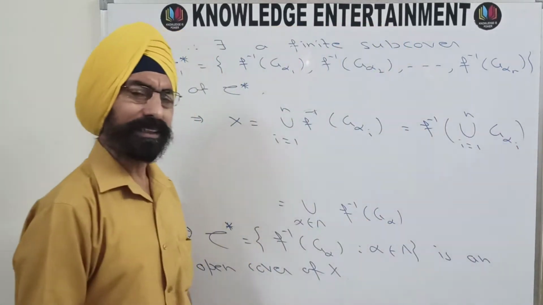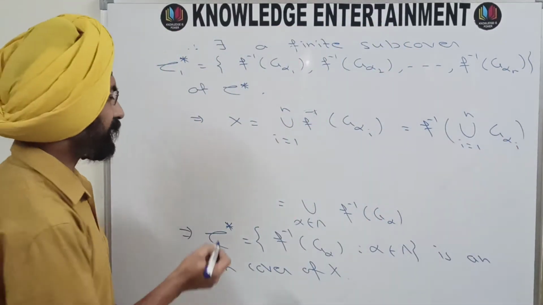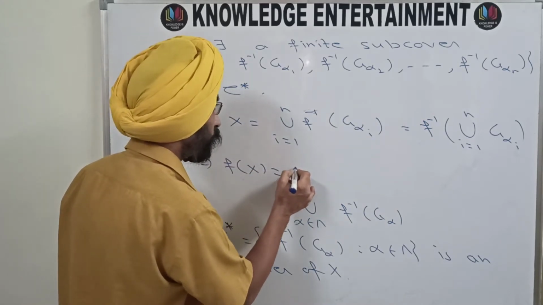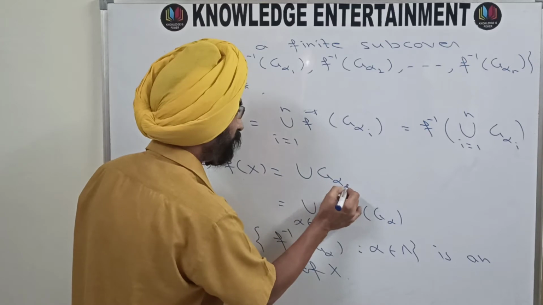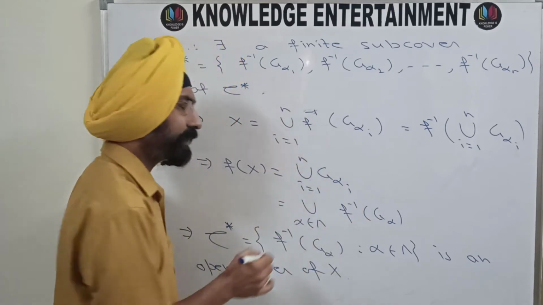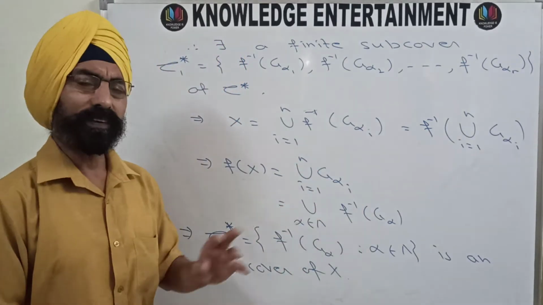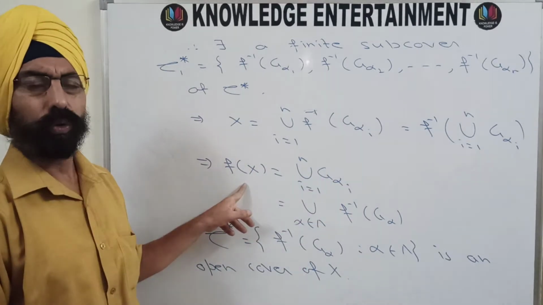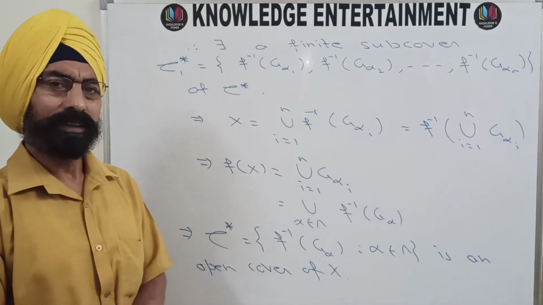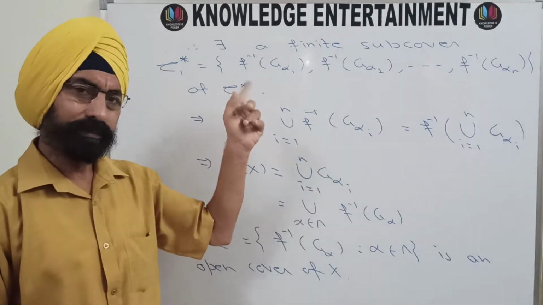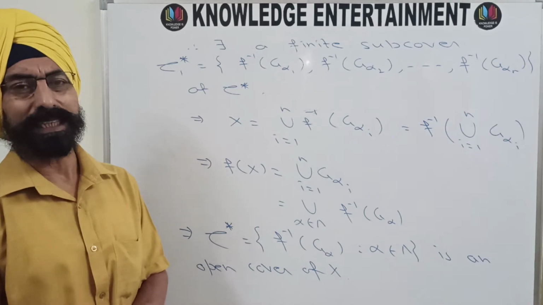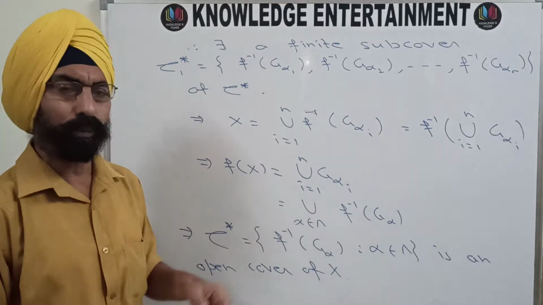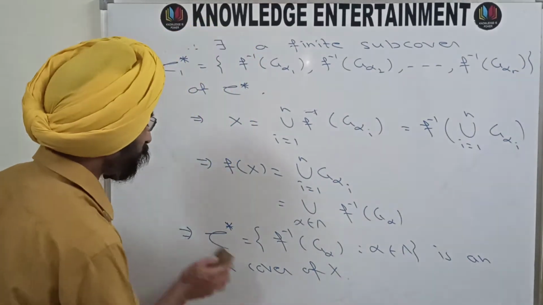You can write it like this, and taking f on both sides you get f(X) is equal to the union of G_αi, i varying from 1 to n. That means G_α1, G_α2 and so on up to G_αn cover the whole image set f(X), and these are members from the open cover C. And now a finite number of members of C are covering f(X). That means we have obtained a finite subcover of C.